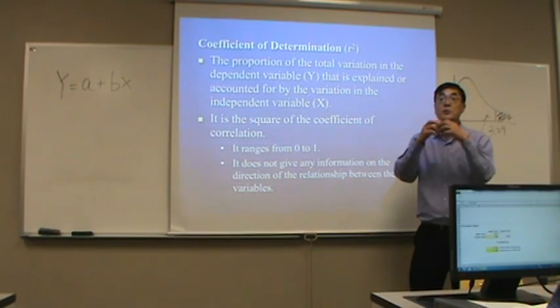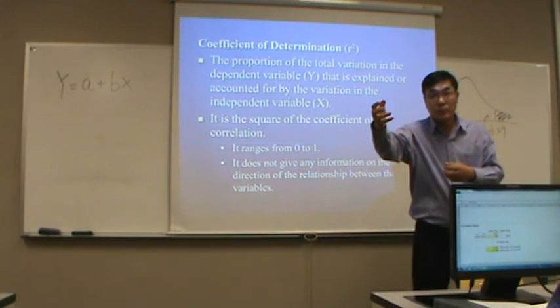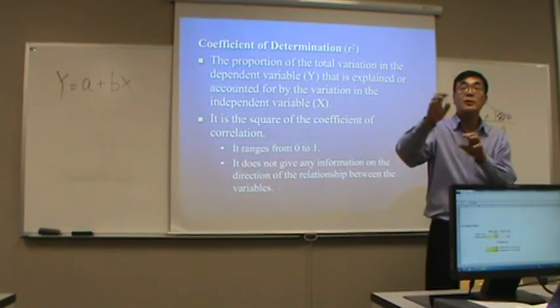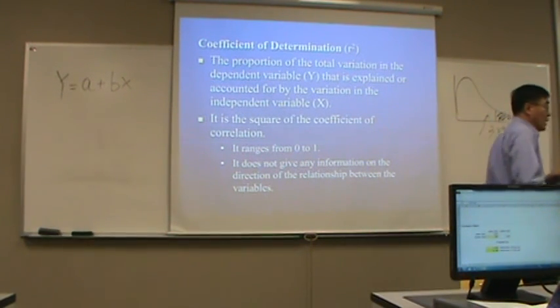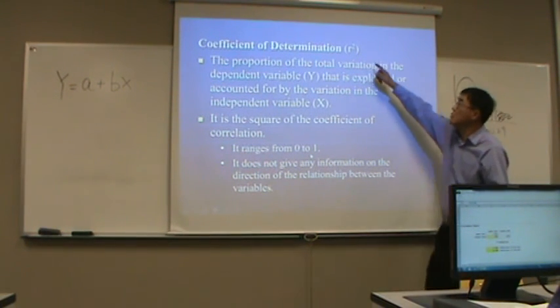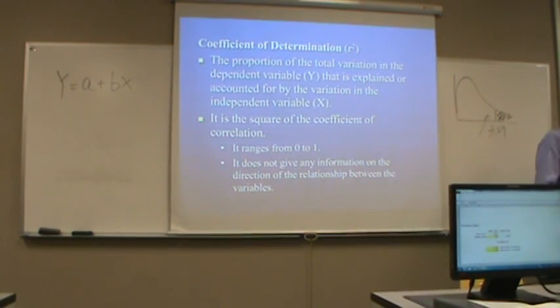So more sales calls, more copiers sold. So how much is explained? That is R square. It moves from 0 to 1 because it is squared, right? And then there is no direction.